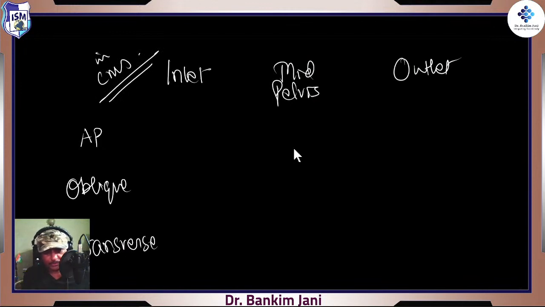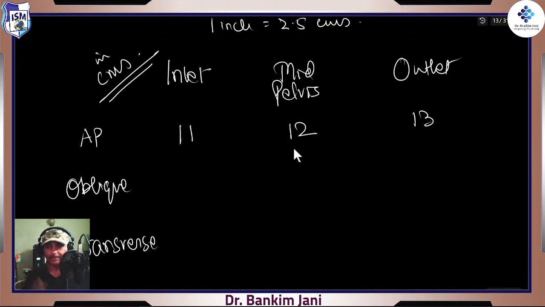In case it is needed, 1 inch is equal to 2.5 centimeters. Even if the book gives it in inches, convert to centimeters. Easy to remember. And it will give you one very interesting concept: just remember 11, 12, 13. 11, 12, 13.